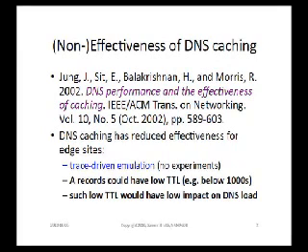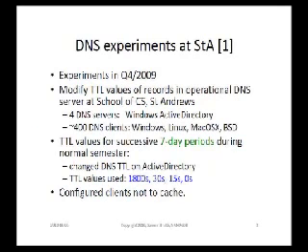But with the trace-driven emulation, they saw that it should be possible to have A records with low TTLs, for example below 1,000 seconds, and that such low TTLs would have low impact on DNS load, because that same paper found, examining the DNS traces, that there was little spatial or temporal locality in the DNS lookups.